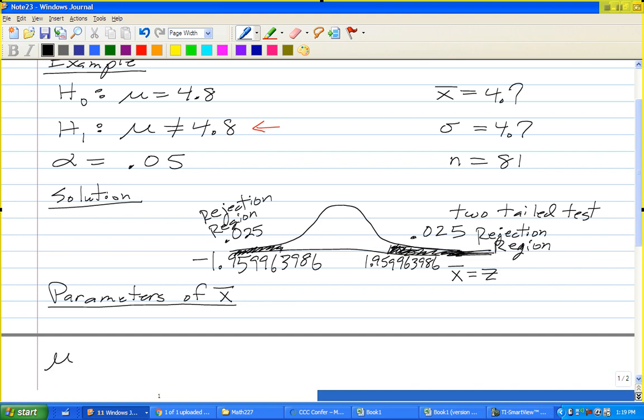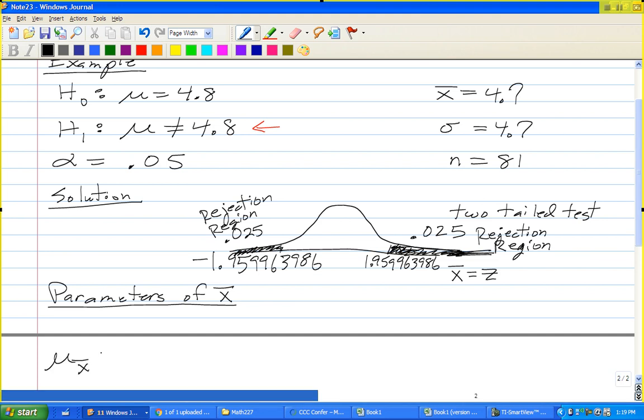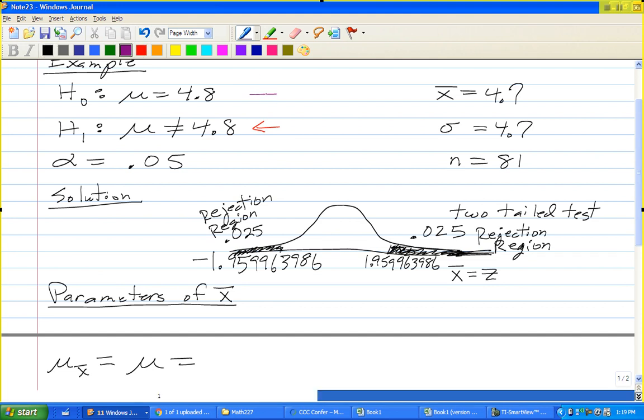And so the mean for the sampling distribution of all possible sample means is just equal to the population mean. Well, please note, to find this parameter, you always look at the null hypothesis. So let's just look here at the null hypothesis.